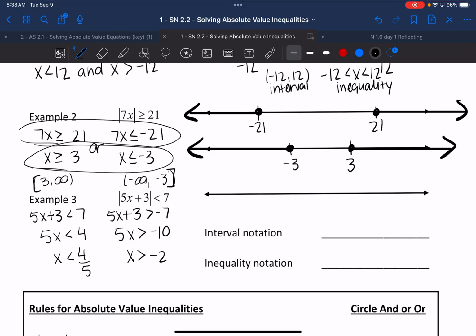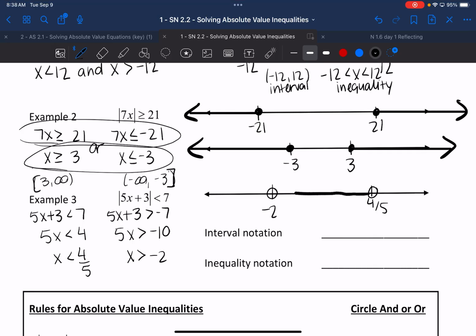Okay, so let's go put these on the number line. So I'm going to have something over here at 4/5 and something over here at negative 2. Are my points for this one open or closed? Open. Okay. From 4/5, am I going to the left or to the right?